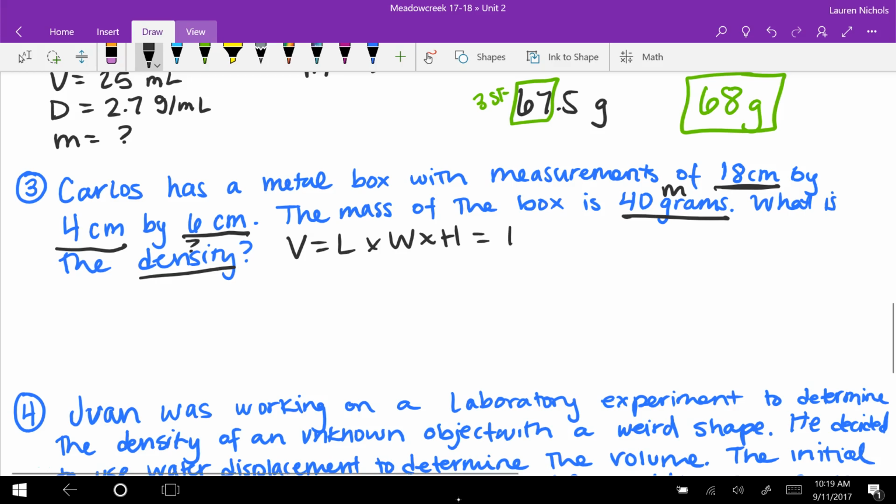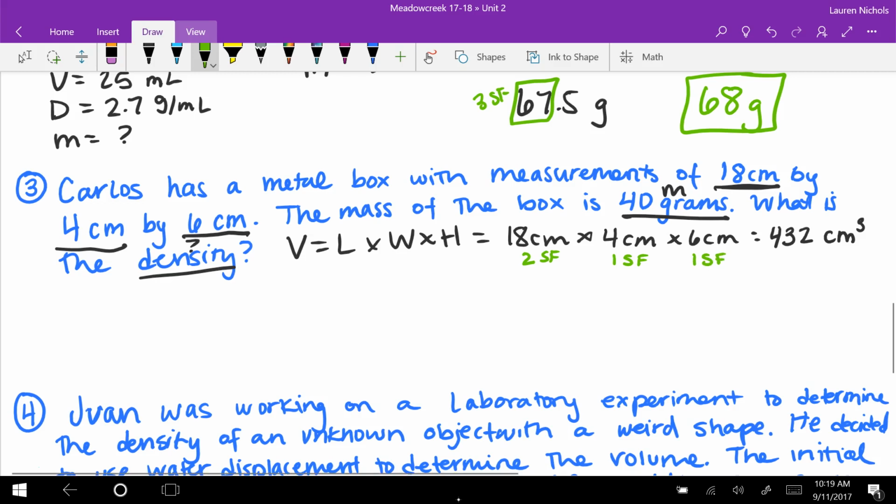So I know that I'm going to have 18 centimeters times 4 centimeters times 6 centimeters. Now, when I do this in my calculator, 18 times 4 times 6, I get 432 centimeters cubed. Now, I need to look at my significant figures. When I'm multiplying, I keep the least number of significant figures. So 18 has 2 significant figures, 4 has 1, and 6 has 1.